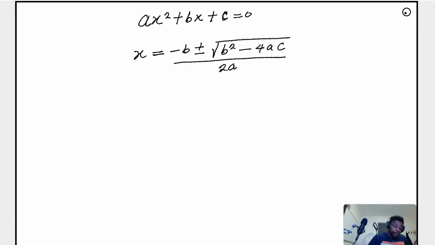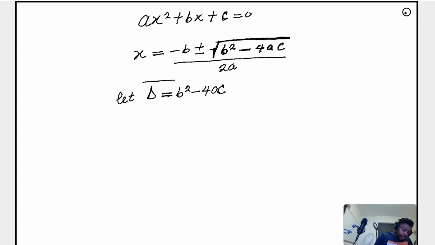Here I'm interested in b squared minus 4ac to explain types of roots of quadratic equations. So here let d represent b squared minus 4ac.